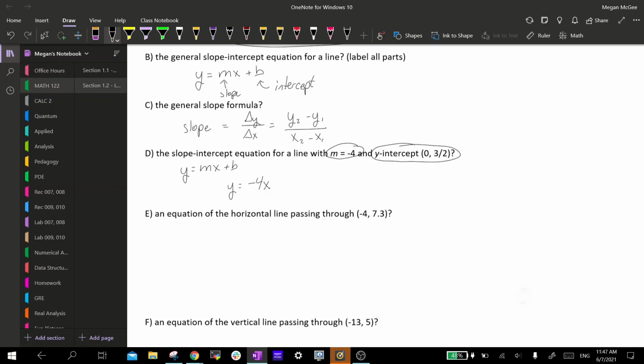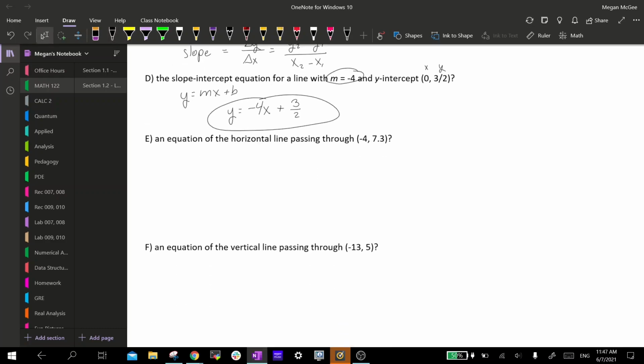And then our point here, this is x, this is y. So our y, or our b value, is plus 3/2. And there we have it. That is our equation of the line for a slope of negative 4 and a y-intercept of 3 over 2.